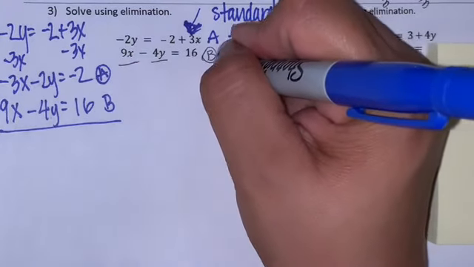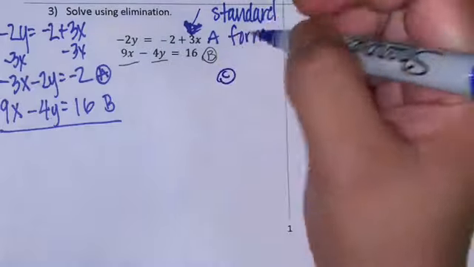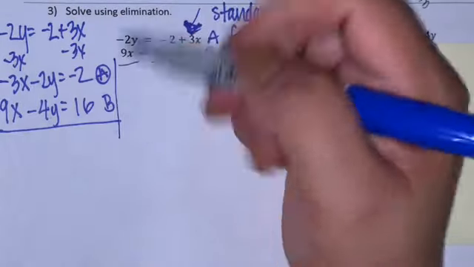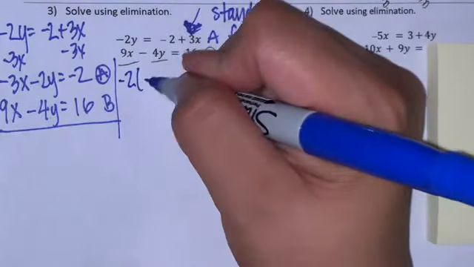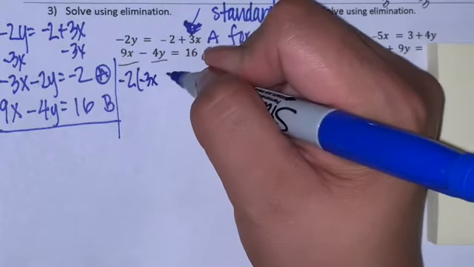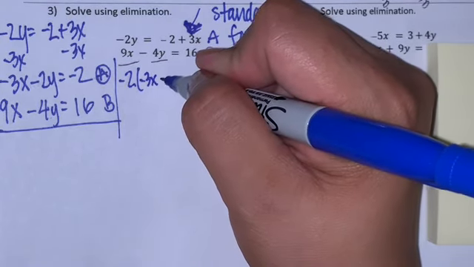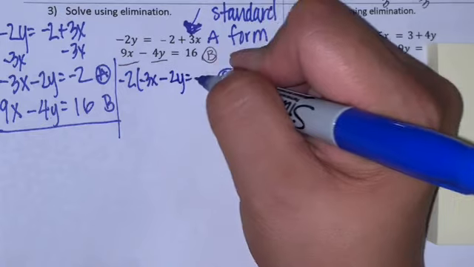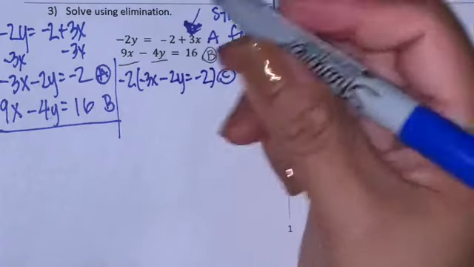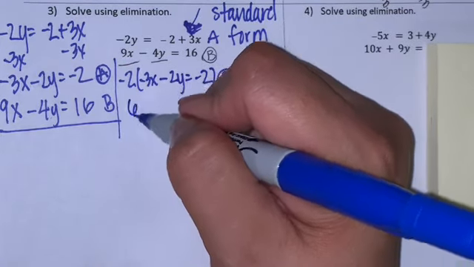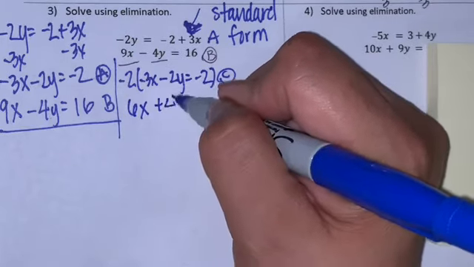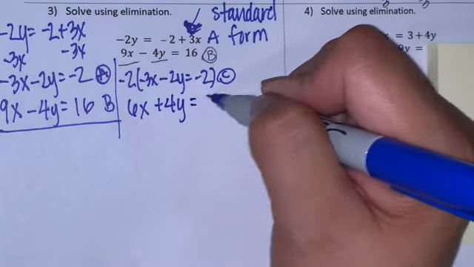So equation C is going to be negative 2 times negative 3x minus 2y equals negative 2. My new equation is going to be 6x plus 4y equals 4.